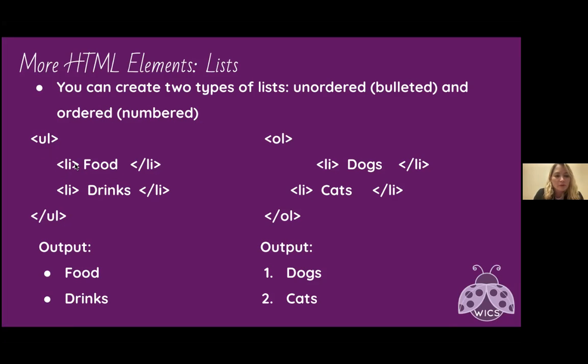So this would be bulleted here, food, drinks, like you see. And then an ordered list will automatically number that list. And then again, notice that this is open and closed, and then the list items are nested inside these brackets. So this is a parent element, and then this is a child element when it's nested inside of another element.